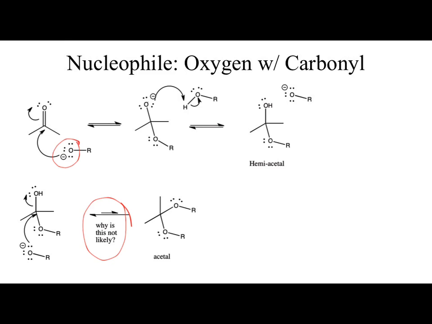Under SN2 conditions, our primary concern is steric hindrance. So we want as few things as possible around our leaving group. Well, carbon, carbon, and oxygen, that's an awful lot of electron density. There's a lot of steric blocking in that reaction. So this last step under the base catalysis doesn't make a lot of sense. Does that make sense?